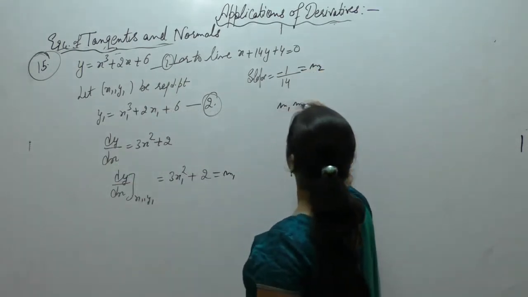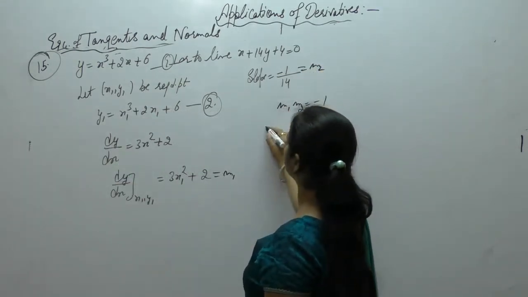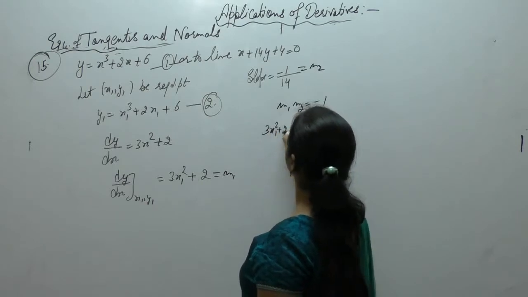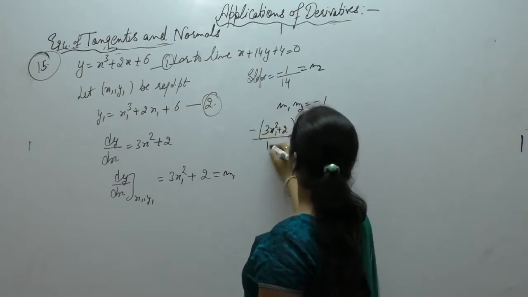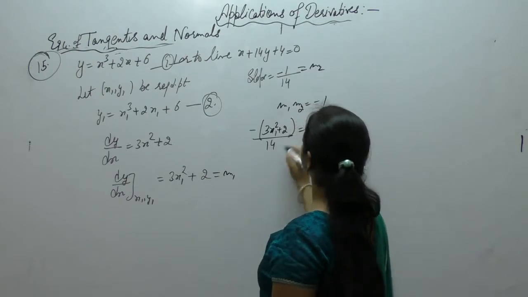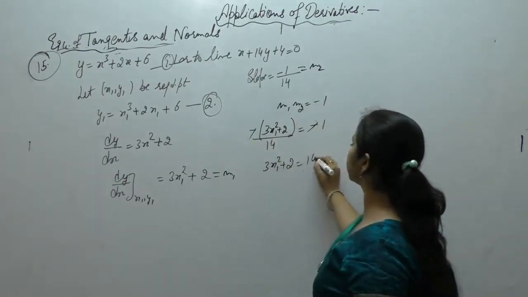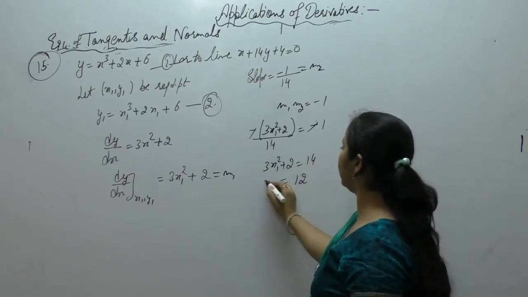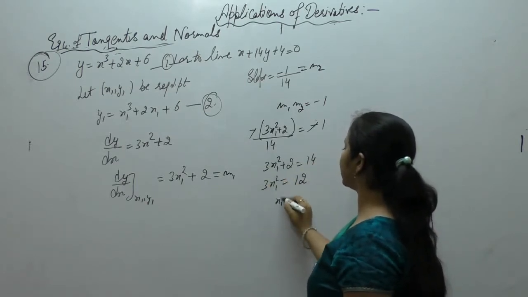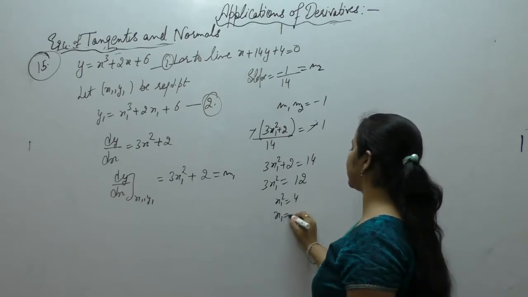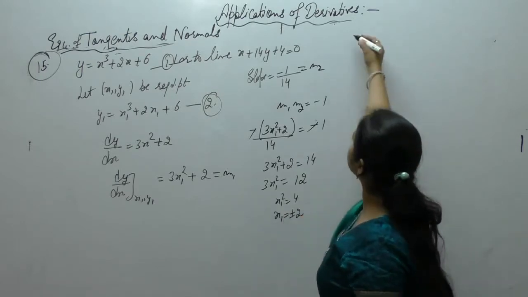These are perpendicular, so m1 into m2: (3x1 square plus 2) times (minus 1 upon 14) is equal to minus 1. So 3x1 square plus 2 is equal to 14, so 3x1 square is 14 minus 2, 12. x1 square is 4, so we get x1 as plus minus 2.